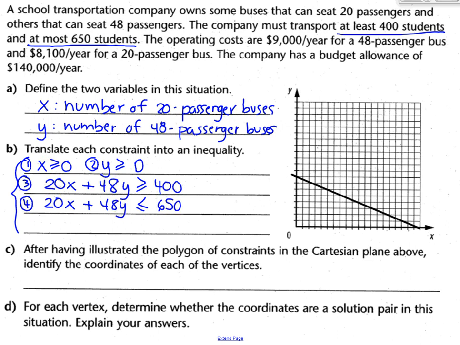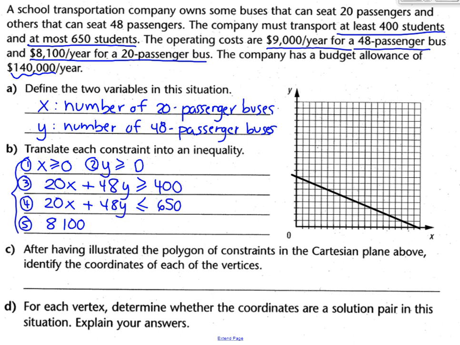And your last one talks about the money. So the cost for a 48 passenger bus is 9,000, and it's this much for 20, and there's a budget of 140,000. So how do you link the cost with the number of buses? Well, if you have one bus of 20 passengers, it's going to cost 8,100.